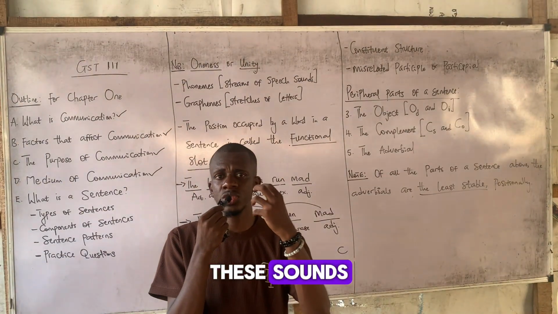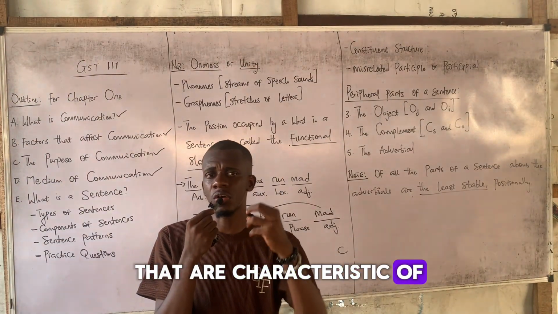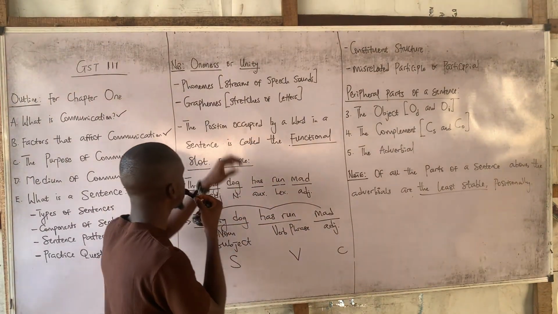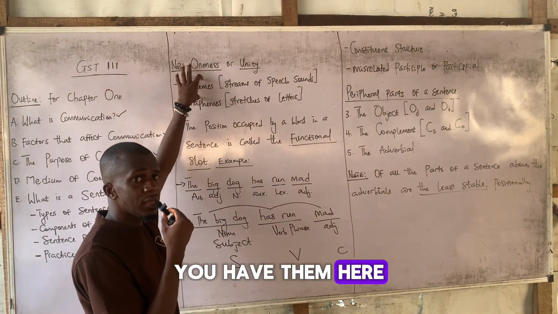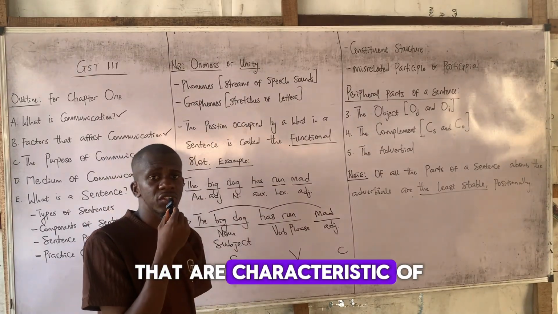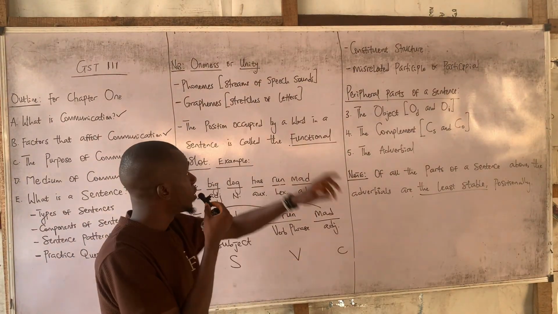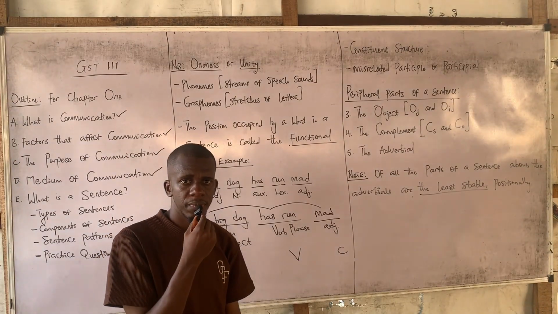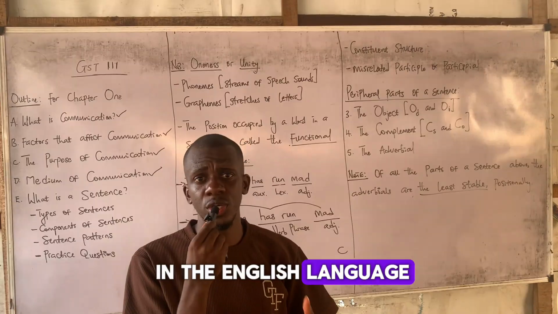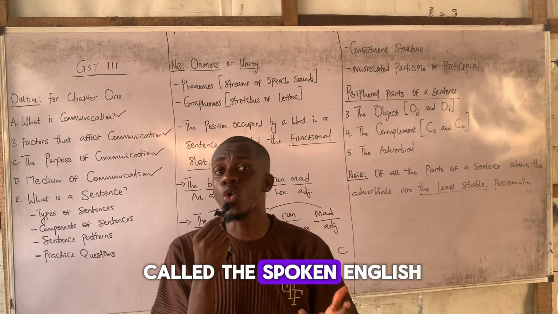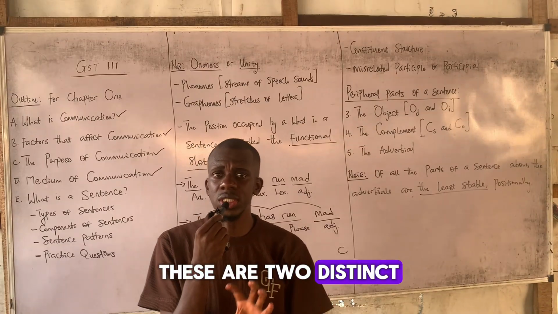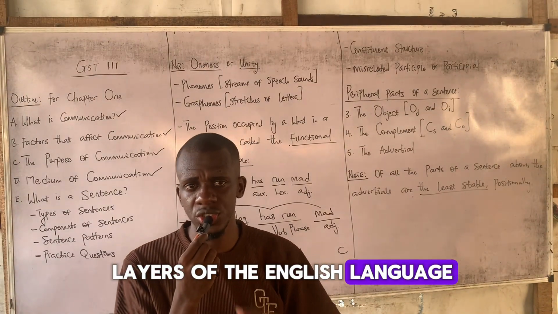These sounds that are characteristic of verbal communication are called phonemes. And the letters that are characteristic of written communication, we call them graphemes. Even basically speaking in the English language, we have what is called the spoken English and the written English. These are two distinct layers of the English language.